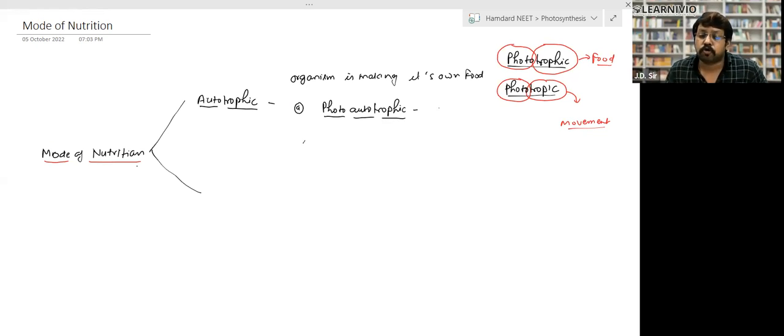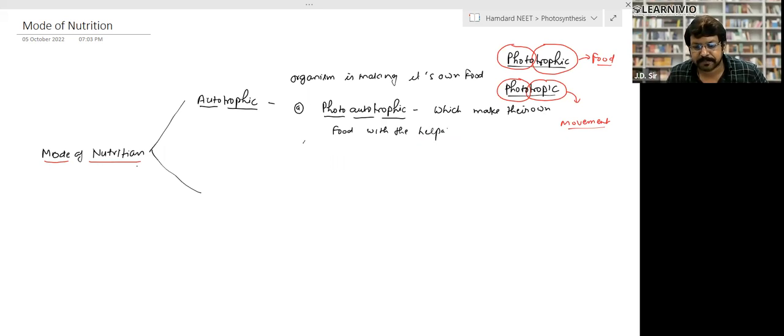So photoautotrophic are those which make their own food with the help of light.